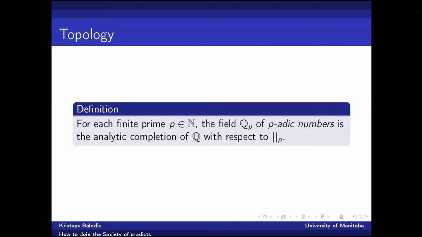So one could ask the same thing: what happens if we create a completion of the rational numbers with respect to this new p-adic metric? We're going to define the field of p-adic numbers, the analytic completion, to be just that, and denote it Q sub p.